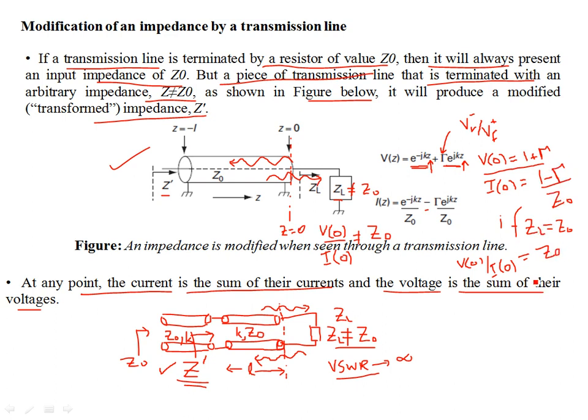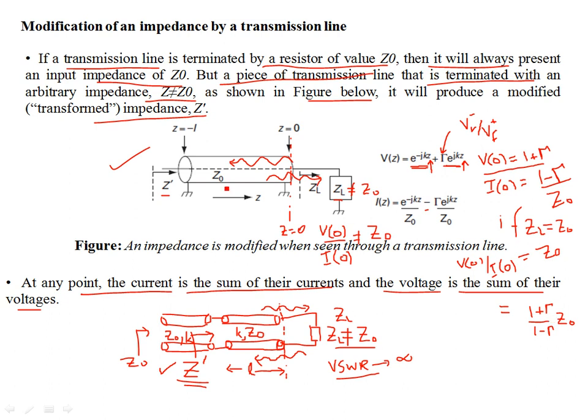But since gamma is not 0, this ratio is 1 plus gamma, the reflection coefficient, over 1 minus gamma, multiplied by Z0. Unless gamma is 0, which means there is no reflection, not all the power is transmitted to the load. You're not going to transfer the maximum power.